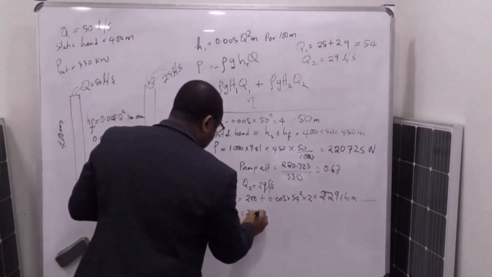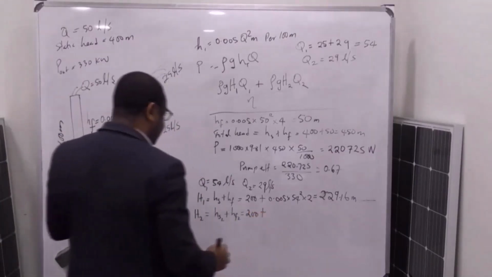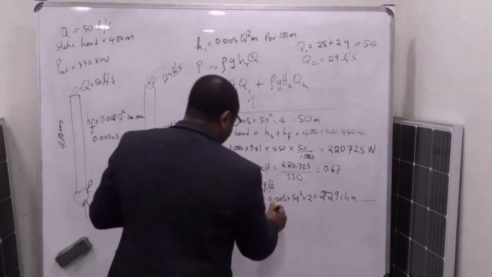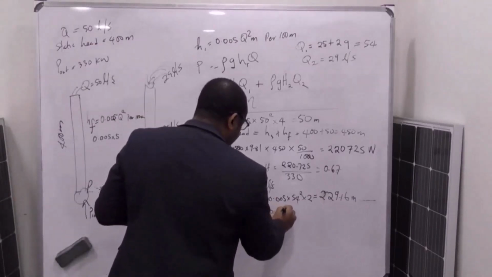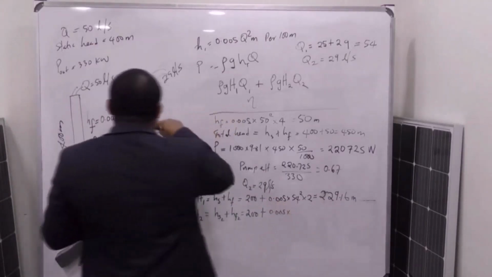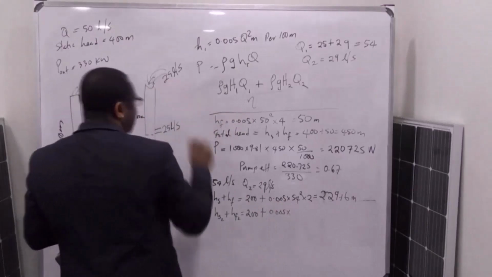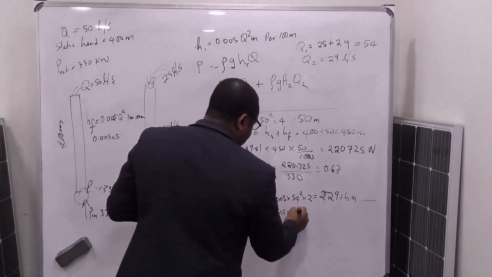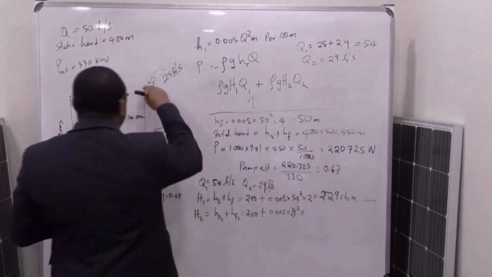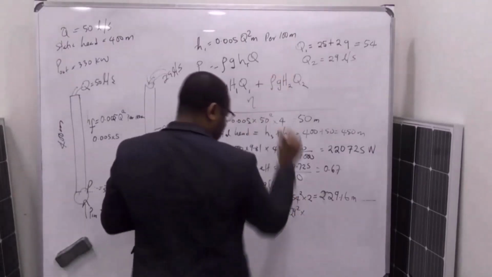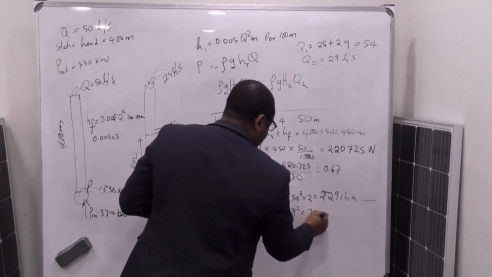So 200 plus 0.005 by that liters from here to here is 29 liters, 29 squared, times 200, which is twice because it's per 100, times 2.